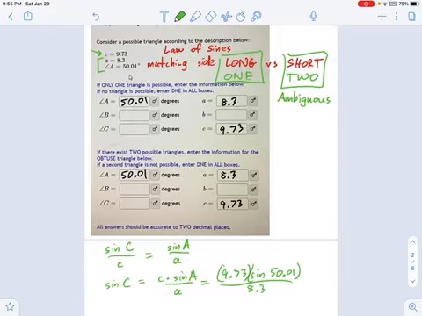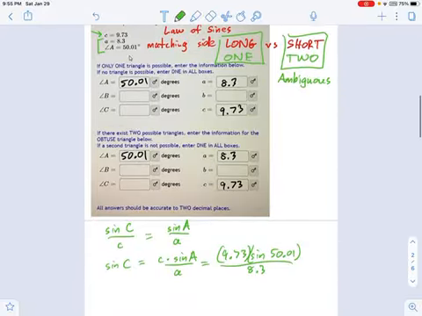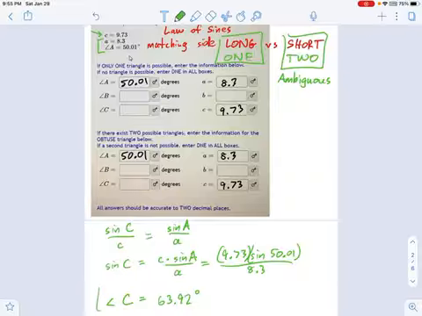So I push that into my calculator, and what do we get for angle C? We're going to do some inverse sine. So we've gone over the inverse sine stuff. Let's just skip right to the angle. That is going to be 63.92 degrees. Okay, great. So we've got our angle C.